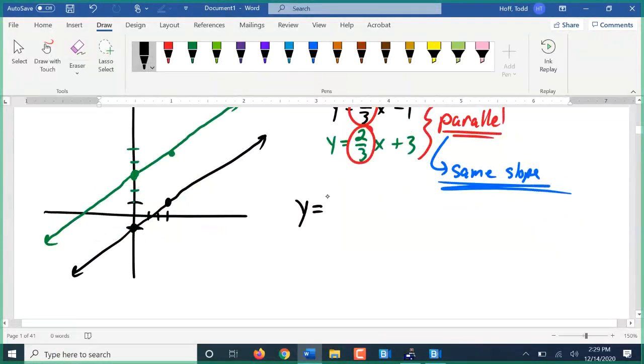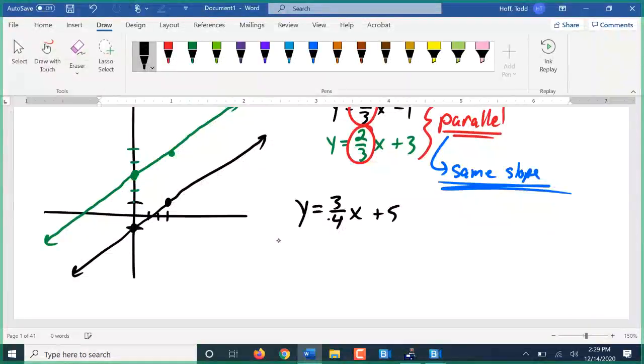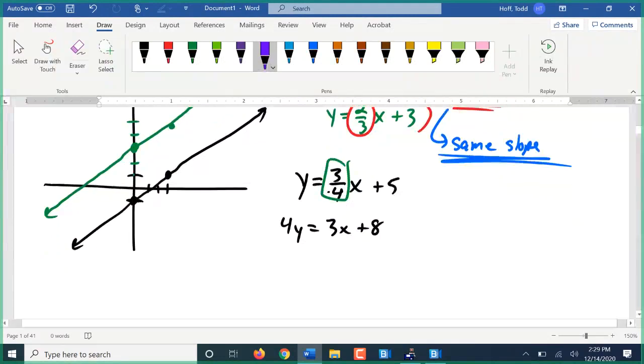Y equals 3/4 x plus 5, or 4y equals 3x plus 8. Well, the slope of this first line is 3/4. The second line, we need to do a little work to get the slope, because y is not by itself.